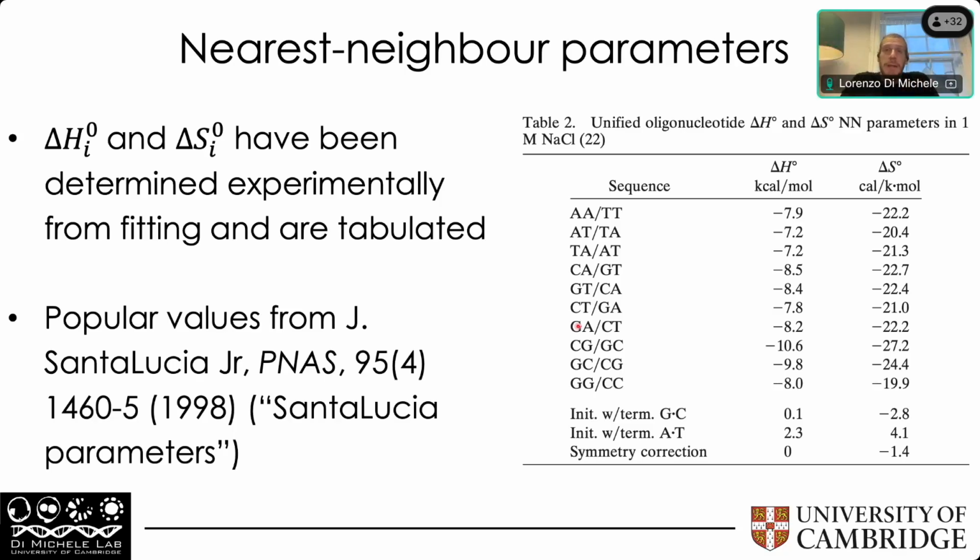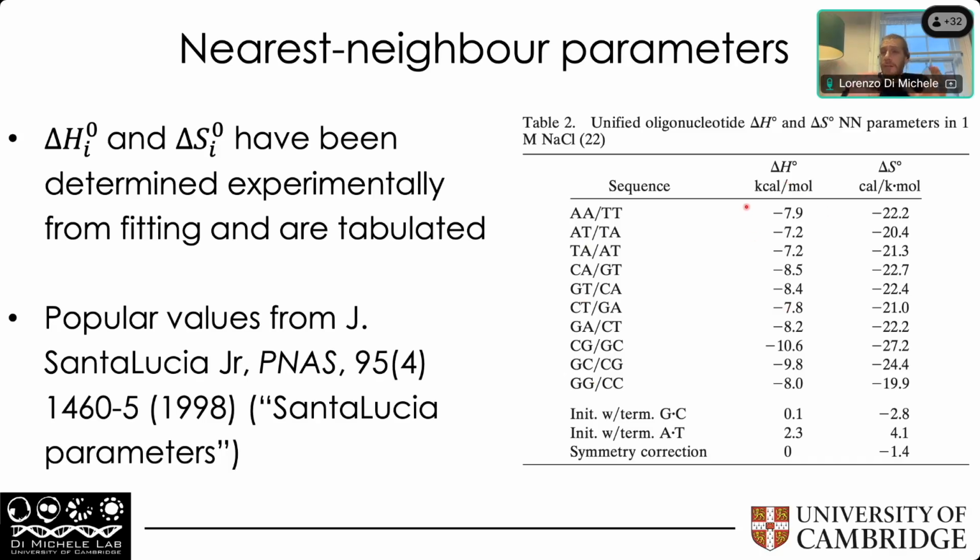People could calibrate these parameters, and a very famous paper in the field is this paper in PNAS 1998 by Santa Lucia, where some very good versions of these parameters are reported, and they are the ones that we still use quite often, and they are shown here. So you've got the delta H, delta S for all the possible combinations.